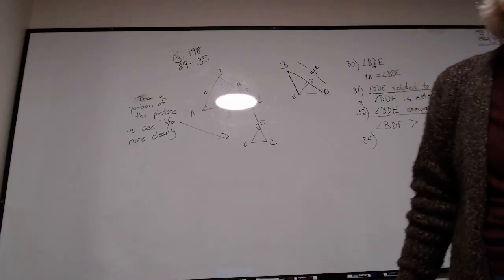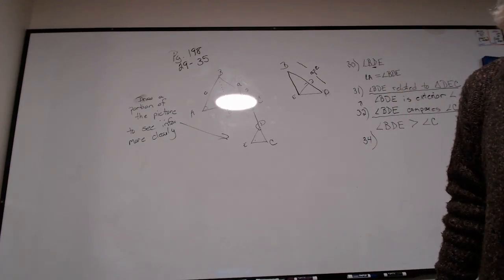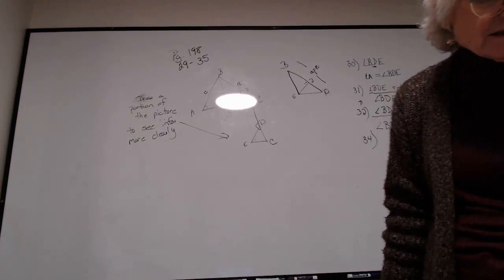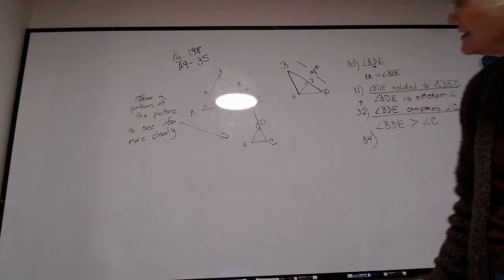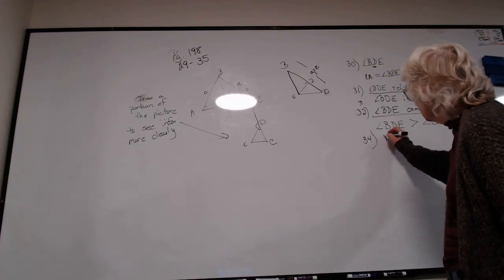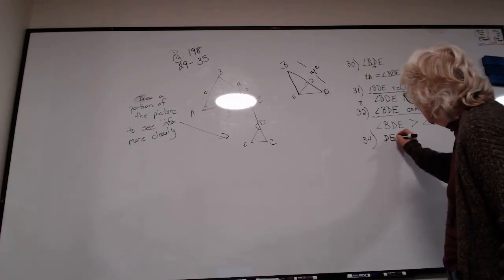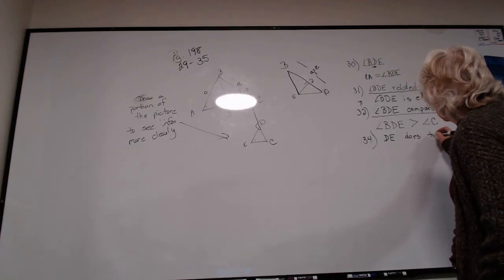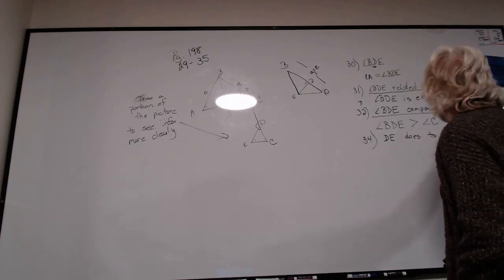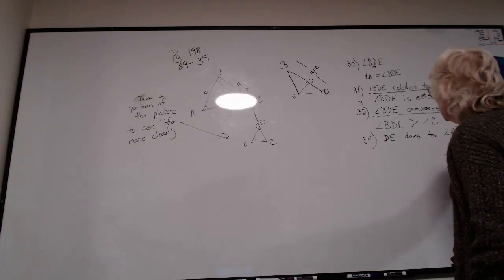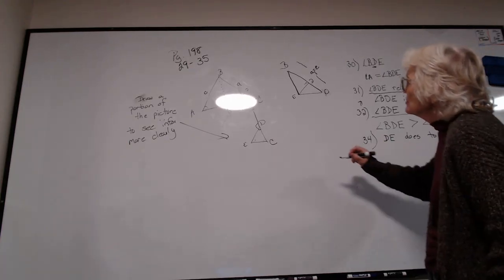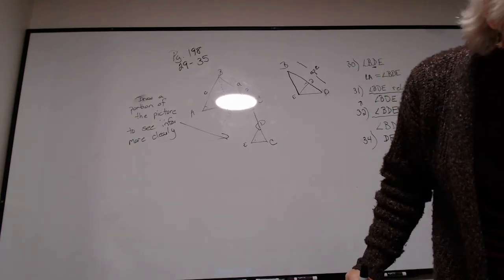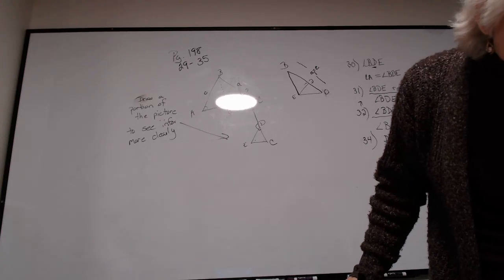Okay, and it says, what does the fold line BE do to angle ABC? So we're looking at, was that DE? That's not right. BE.